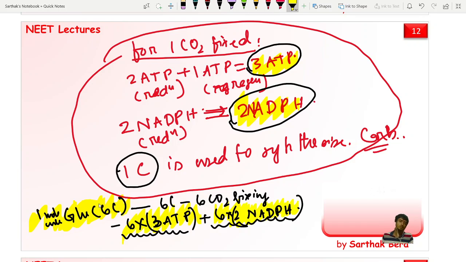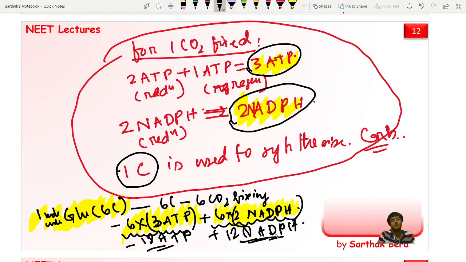So this is simple: 18 ATP and 12 NADPH for forming 1 molecule of glucose in the Calvin cycle. This is all about the Calvin cycle.